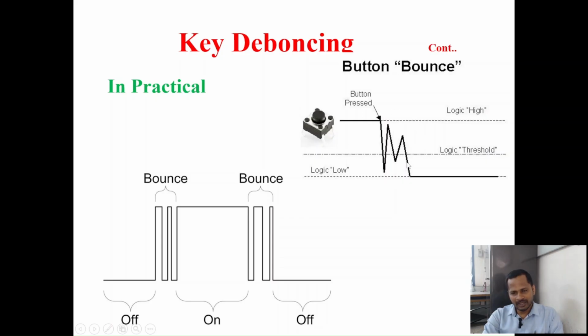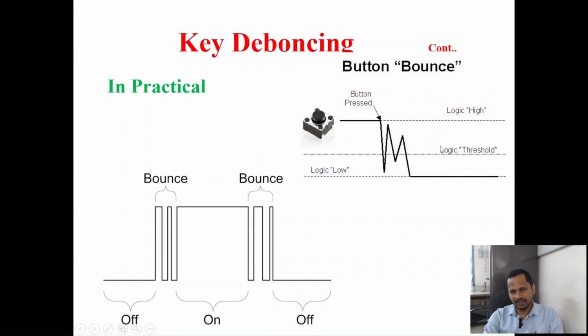Here your microcontroller is going to identify each and every state because it can respond to all the changes within microseconds. According to us, there is only one on, but according to the microcontroller, it goes off, on, off, on, off. So the microcontroller says you have switched on this push button 3 times.